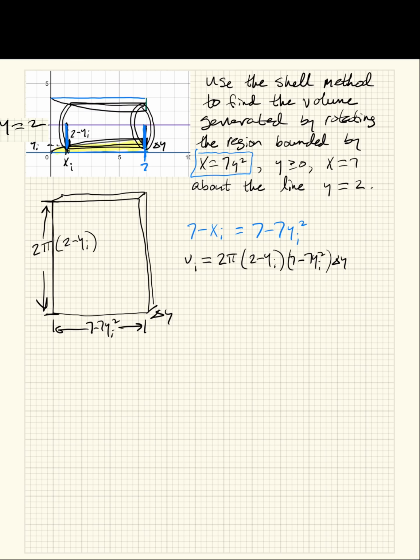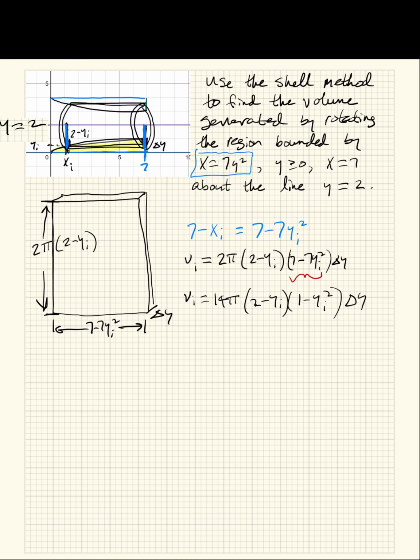And if I'm going to work with this, I think it's going to be easier if I factor a 7 out of that factor. So what we would wind up with is v sub i equals 14 pi times 2 minus y sub i times 1 minus y sub i squared delta y.